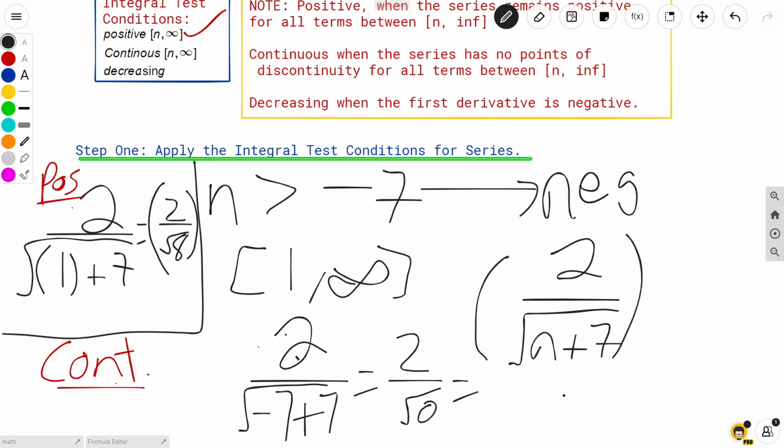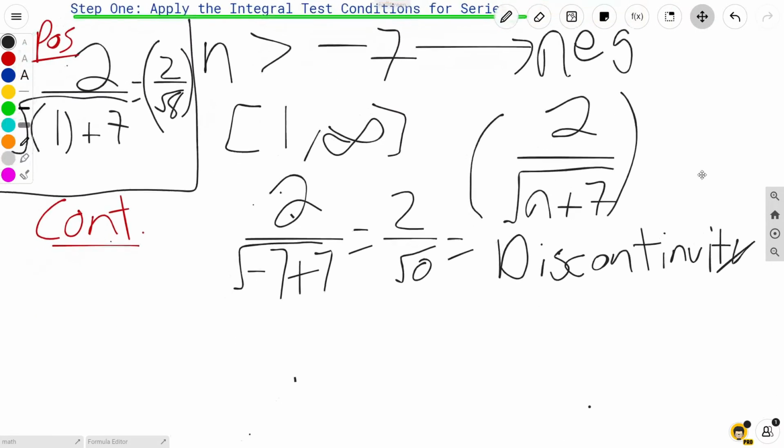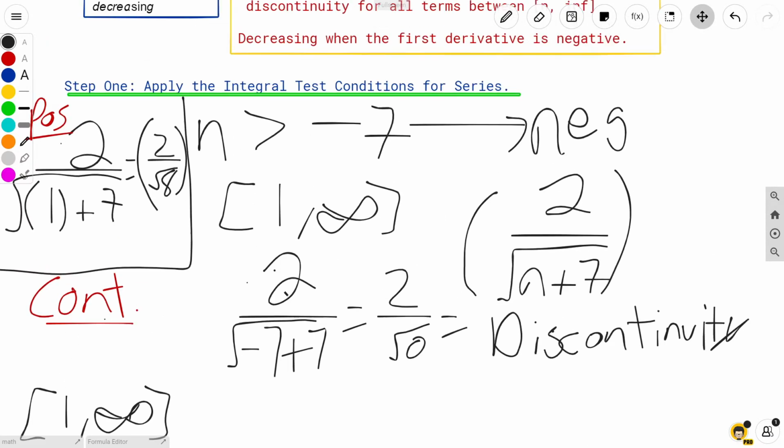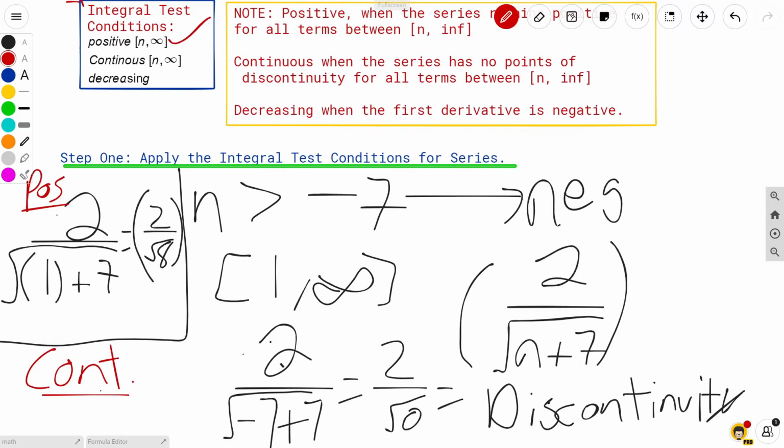So right there we have a discontinuity. However, note that we're only looking at the interval of 1 to infinity. Therefore, the function is continuous, and it satisfies the second condition.